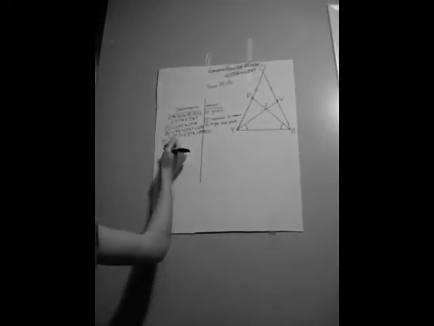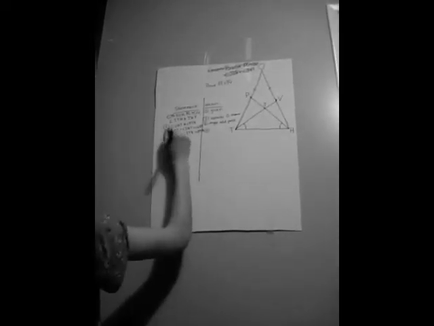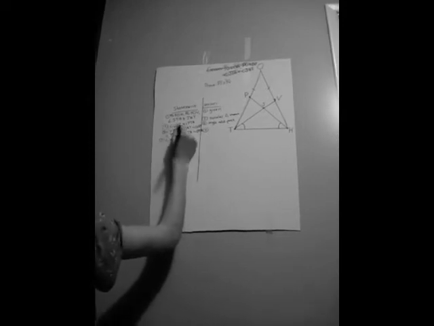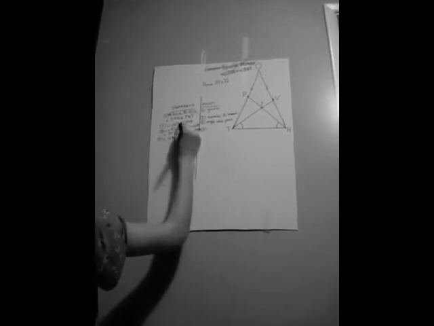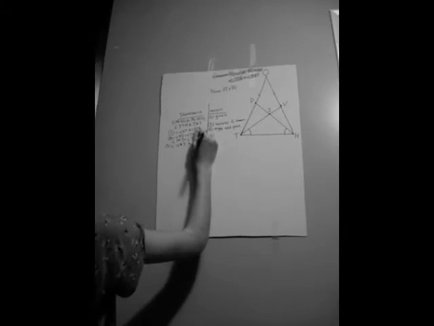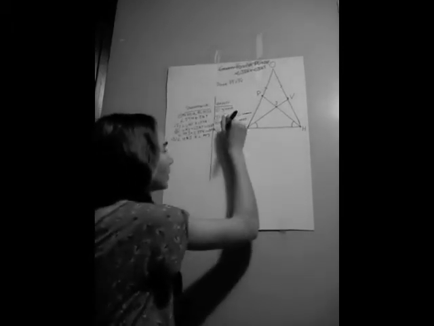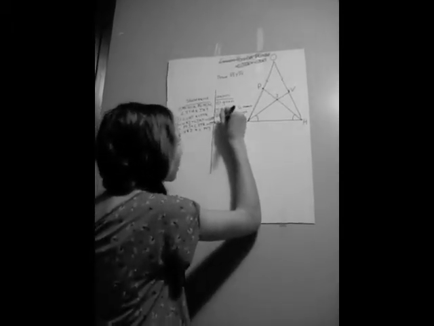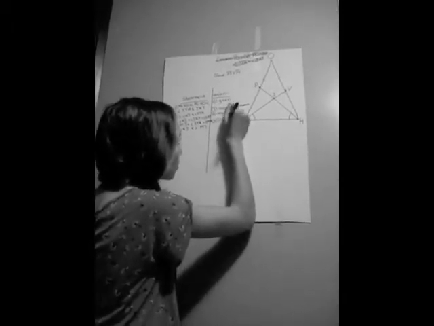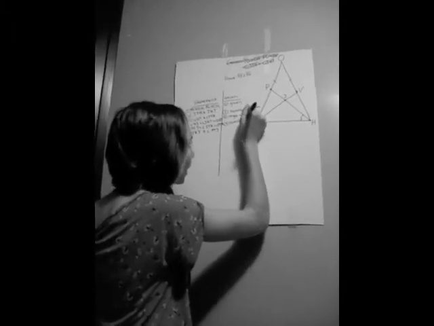And then I would say that angle PHJ is congruent to angle PTJ by substitution, I'm pretty sure. Or like subtraction.